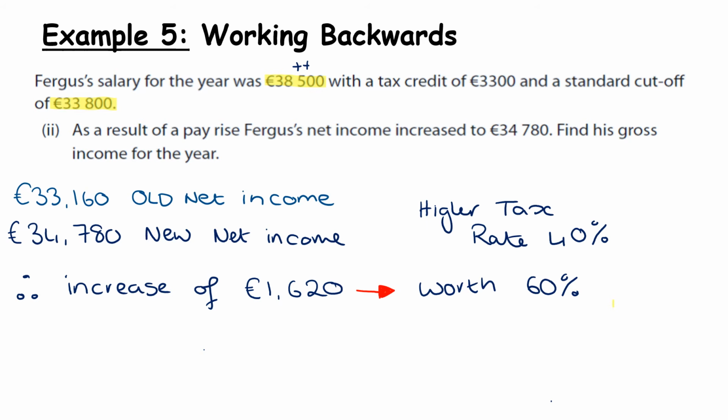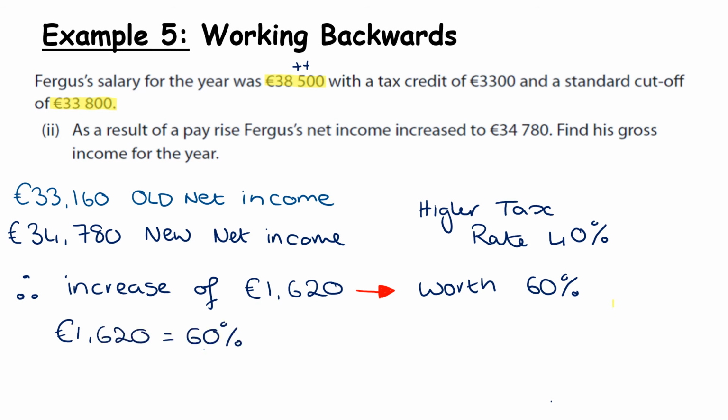You say, well, will tax credits affect it? Well, the tax credits, again, we've already used those, so we're not getting any extra tax credits. So all that's going to happen is extra money he gets will just be taxed at 40% because of how much he earns, and the remainder will be left as 60%. So we have 1,620 is 60%.